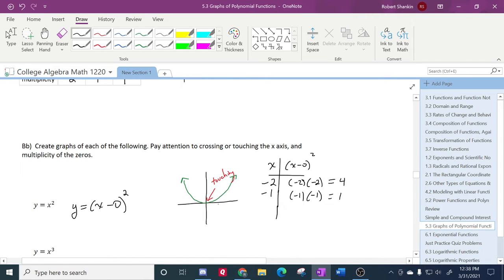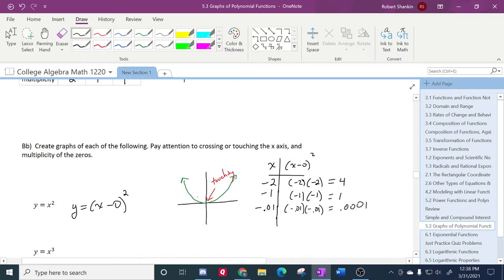Now, even at -0.01, when you square it, negative times a negative is positive. Okay.